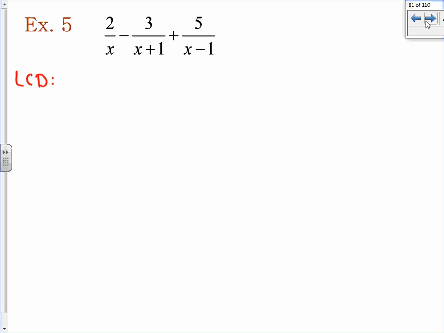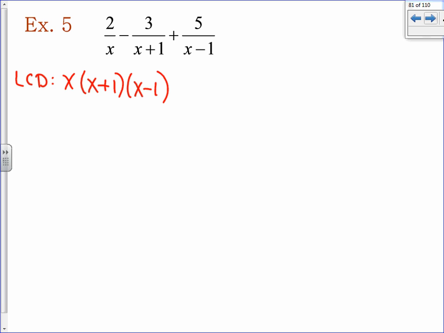A different factor than x plus 1, which is a different factor than x minus 1. Those are all different. So each fraction needs all three factors. Those are three unique factors.